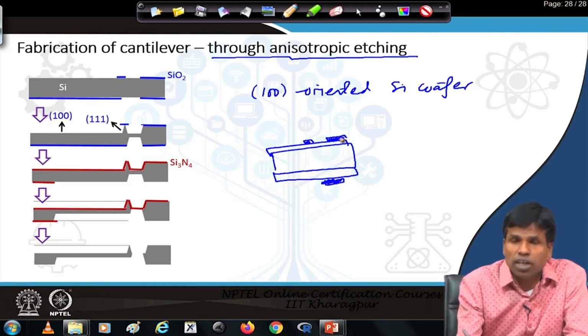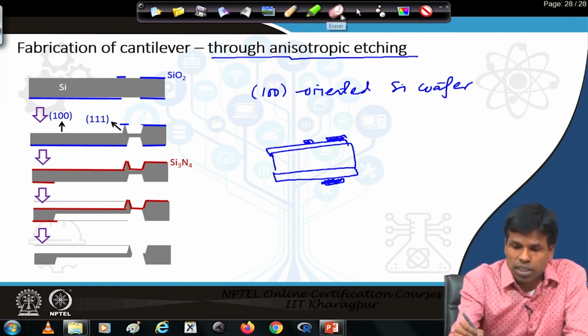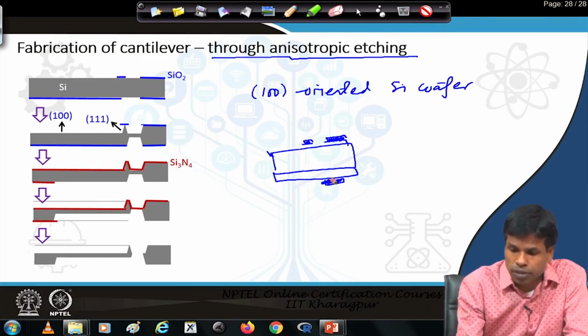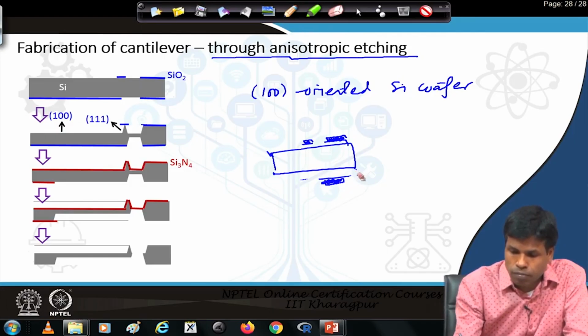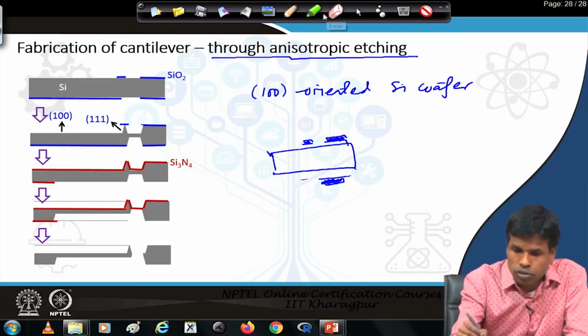After covering the resist material, the rest of the SiO2 can be etched away. Or sorry, it can be done in the opposite way.